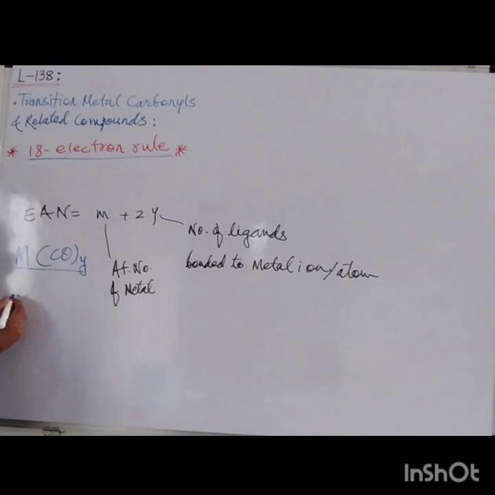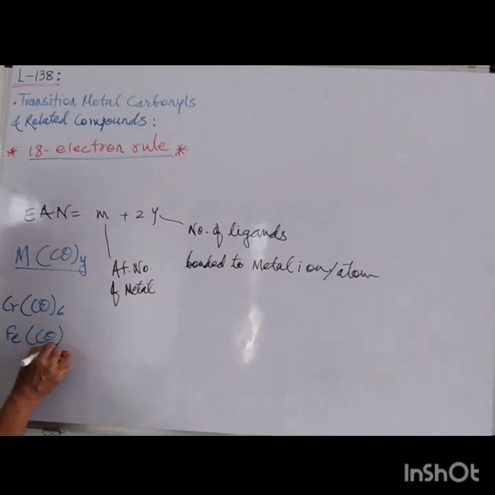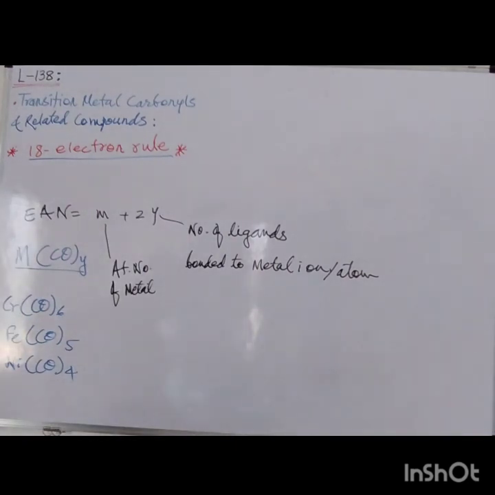This is the case for some simple molecules. For example, if we are having Cr(CO)6 or Fe(CO)5 or Ni(CO)4, these are various complexes in which we can apply this effective atomic number law.